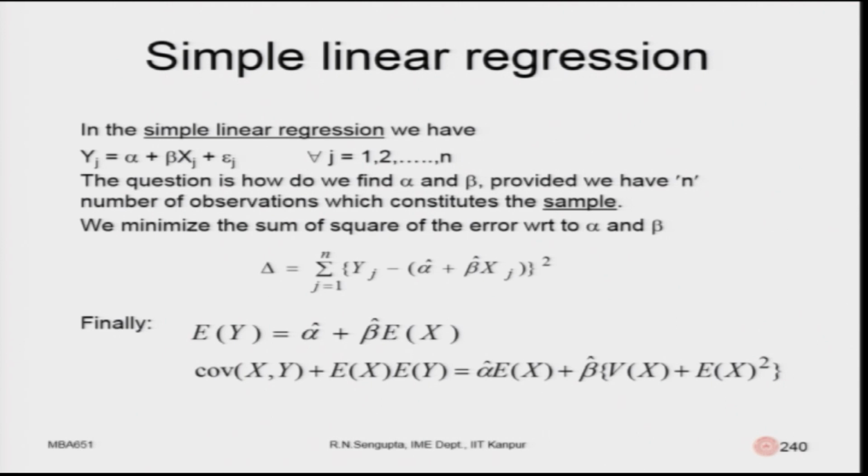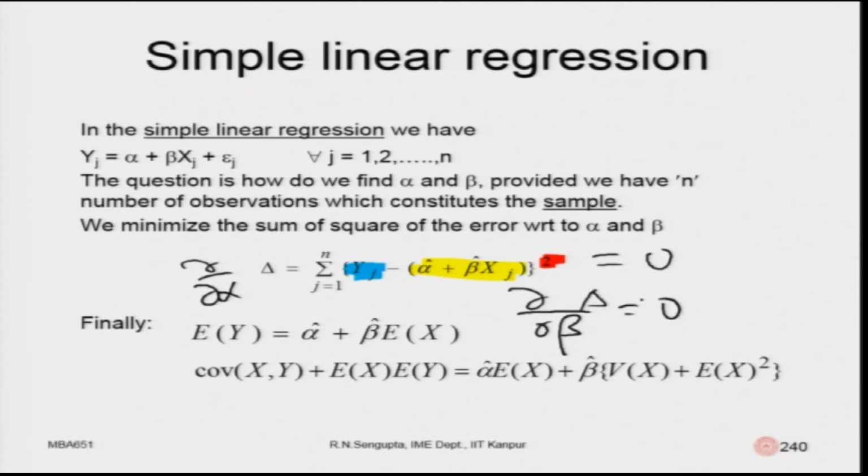This is the actual value, this is the predicted value, take the difference and square it. This error is differentiated with respect to alpha or beta or gamma, whatever it is. So, this will be with respect to alpha put to 0, this will be with respect to beta put to 0, solve the equations which you have and your work is done.